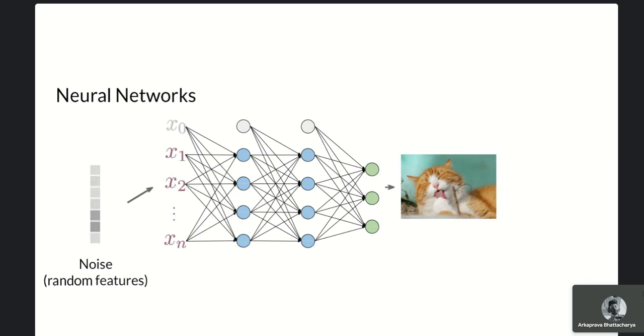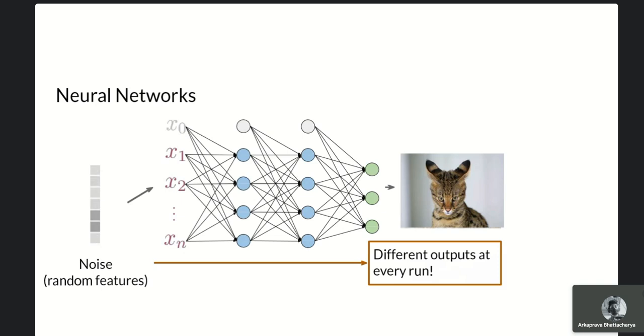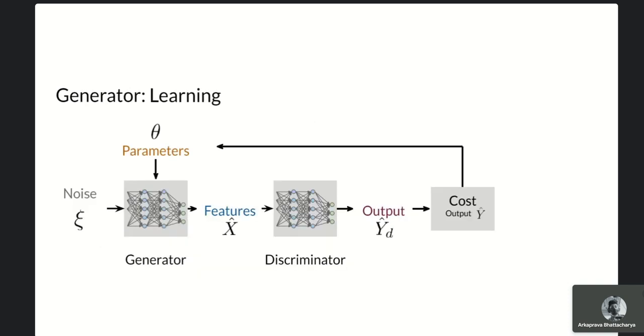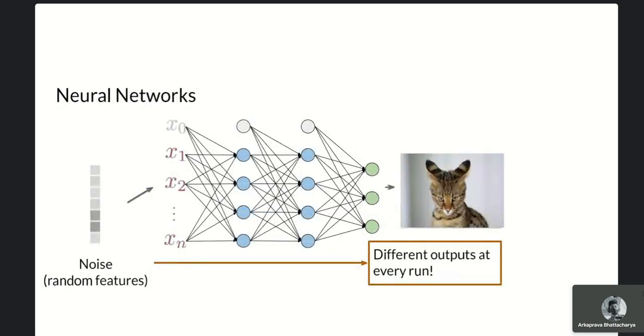Here you can see the input to this network is a random noise and the output is an image of a cat. As we provide different noise, the network produces different outputs at every run. So it is producing different images of cat every run.